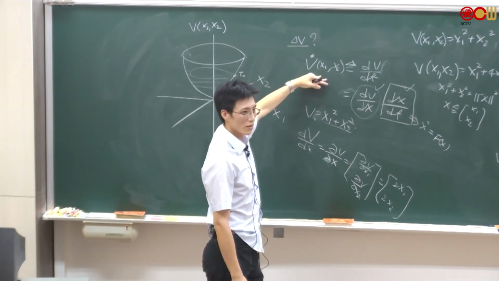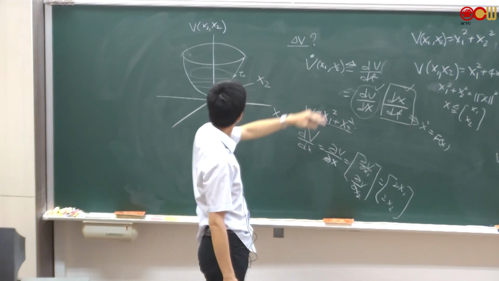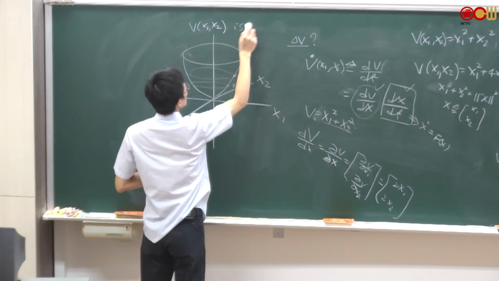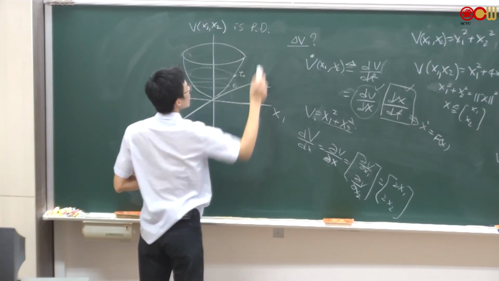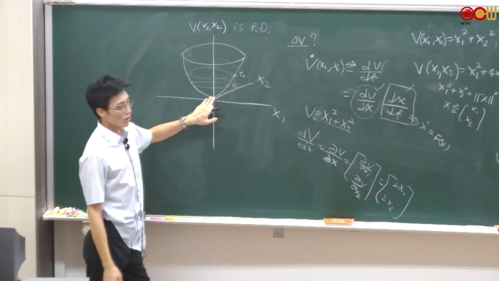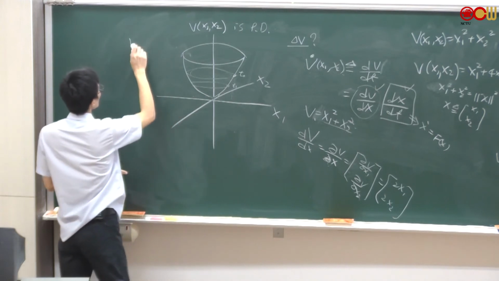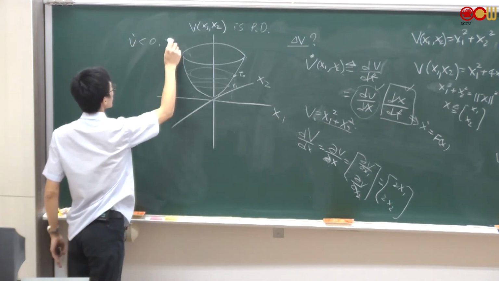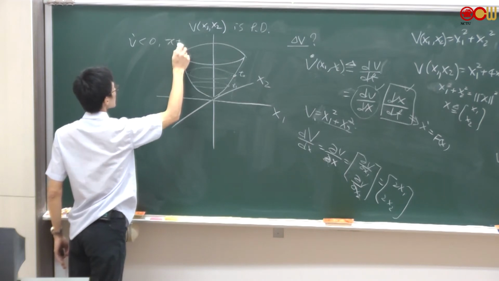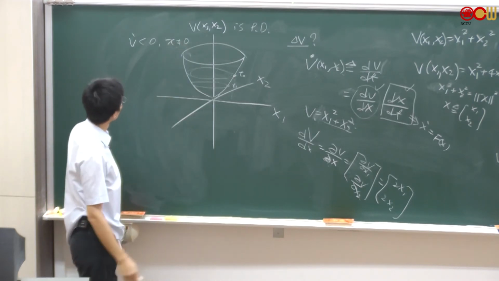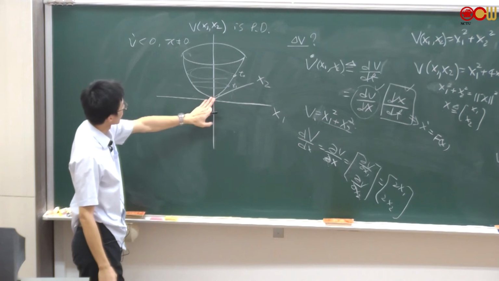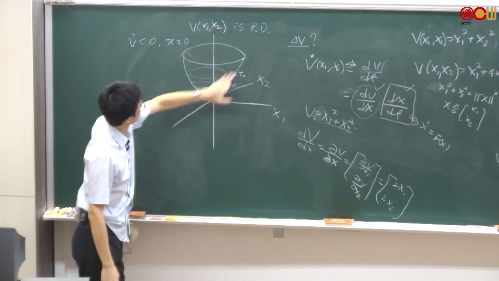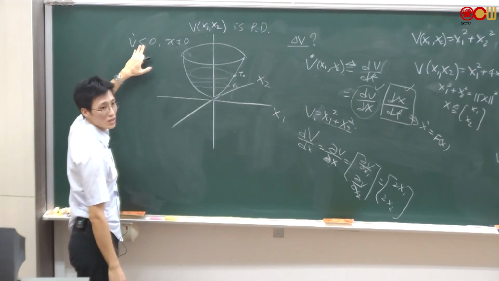And if the time derivative is negative, if V is PD, positive definite, which means it is 0 only at 0, and V dot is negative definite for x not equal to 0, that means anywhere other than 0, it's always decreasing.